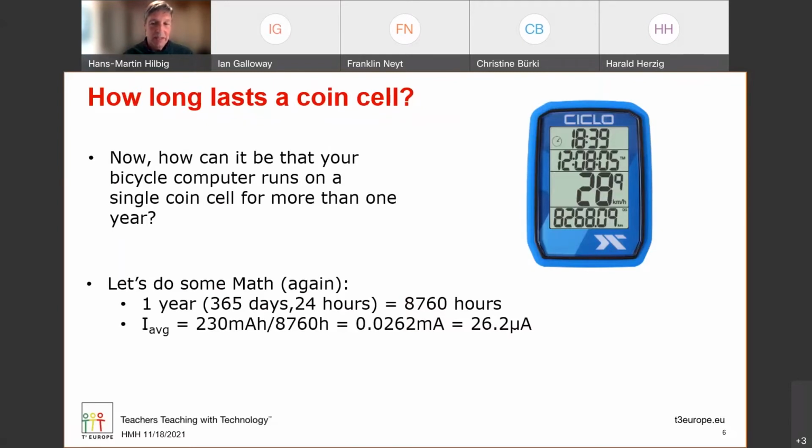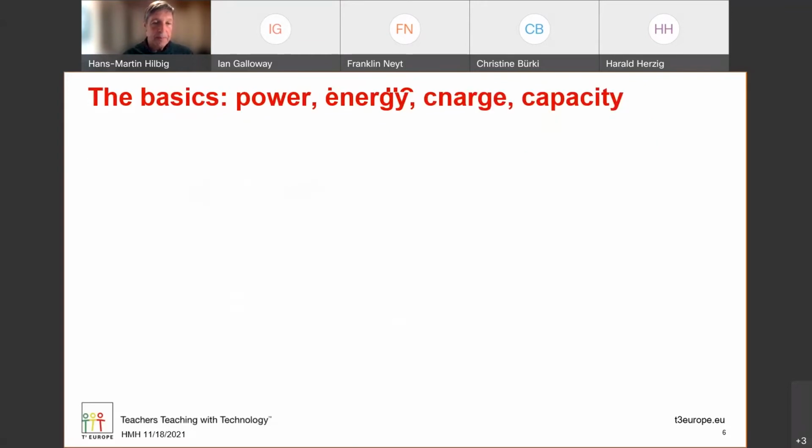They can display the time, the actual speed, the number of kilometers or miles you have taken on your bike, and so on and so on. So it is possible, it's just a matter of how you do it. But this now sets the stage, right? So 26.2 microamps is probably a number that you should remember here for the next couple of hours.